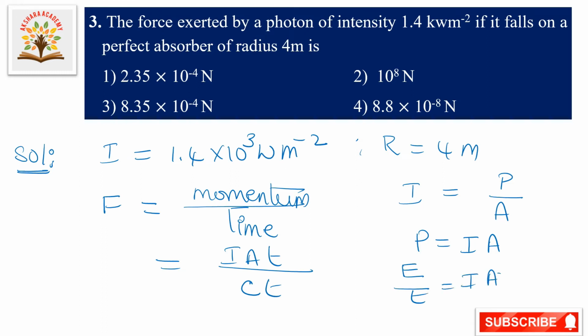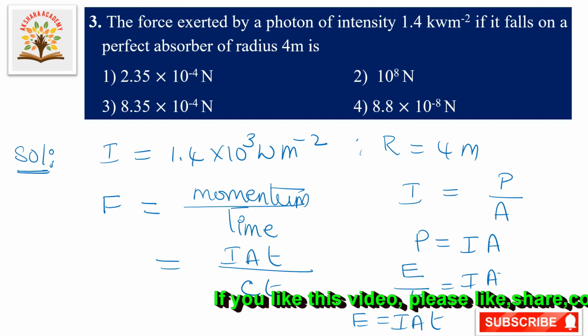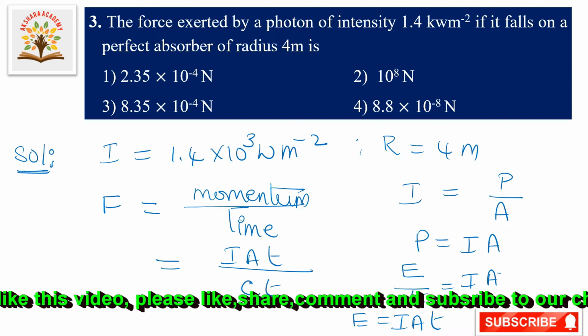So from this E is equals to IAT. E nothing but here you can write MC into C is equals to IAT.